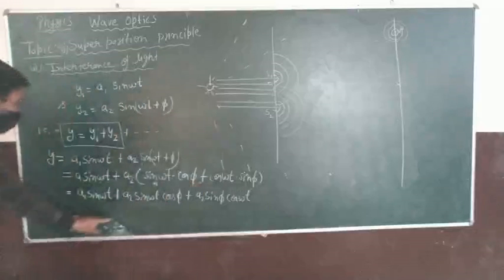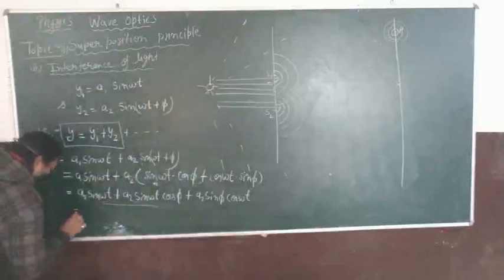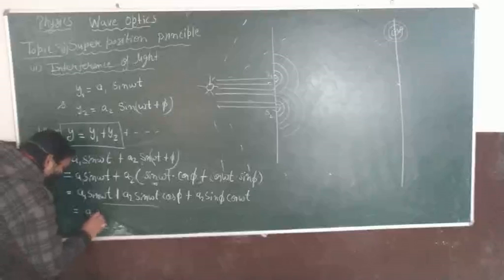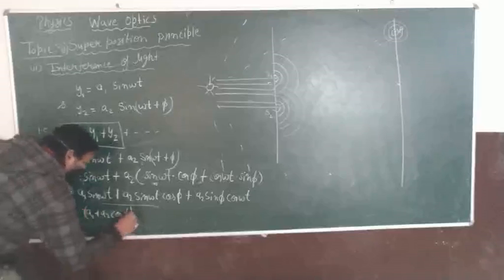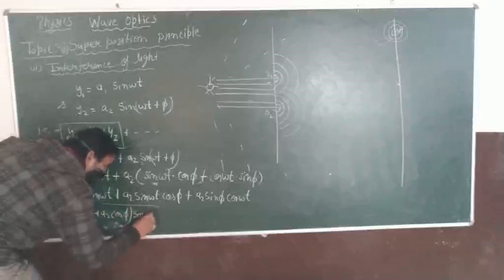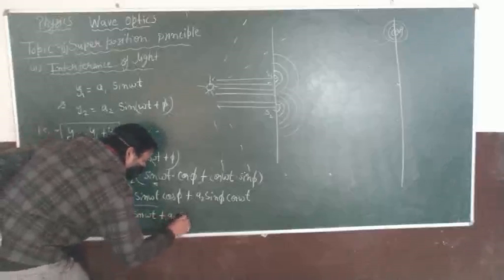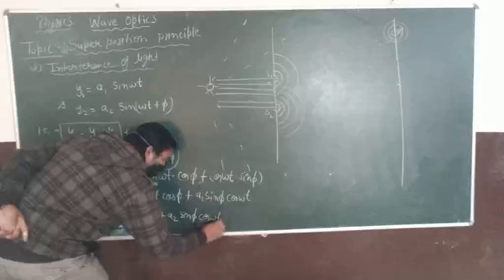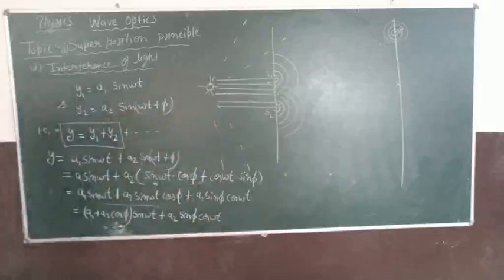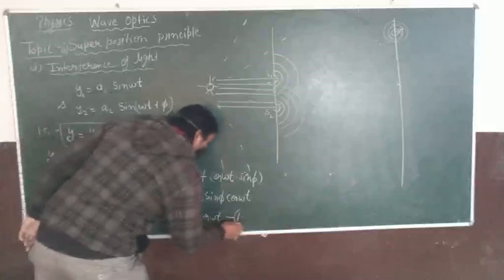Now, from the first two terms sin omega t is common, and we get (A1 plus A2 cos phi) sin omega t plus A2 sin phi cos omega t. This is equation 1.